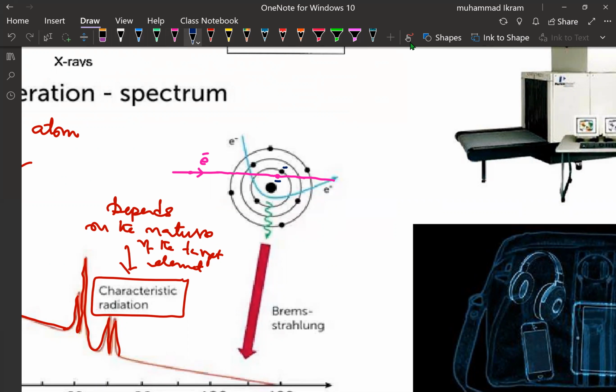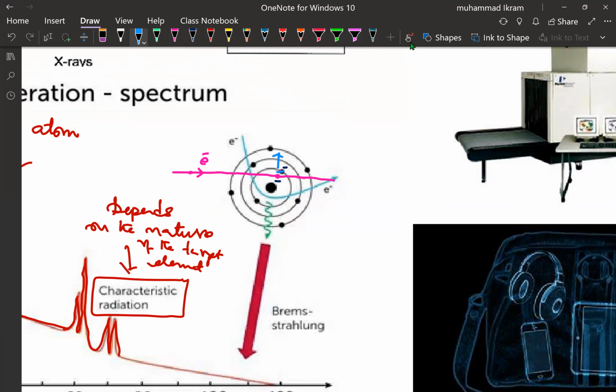So there is a Coulomb repulsion, and the electron speed is so high, so it has so much energy that this electron is raised to a higher energy state. It leaves this and comes here, for example.